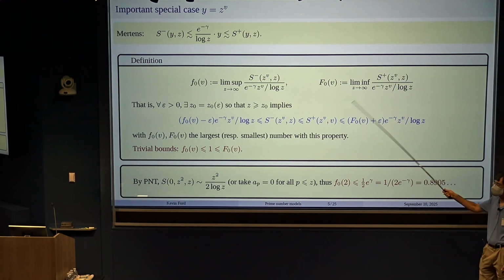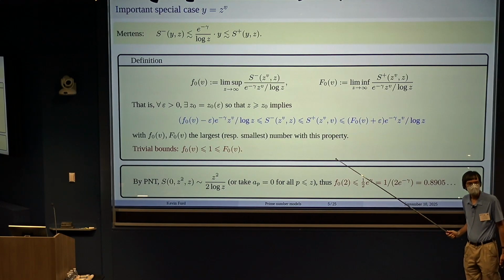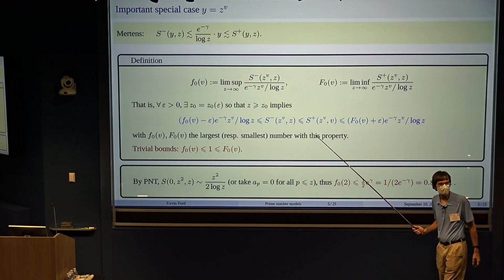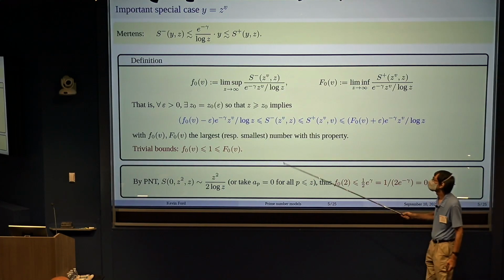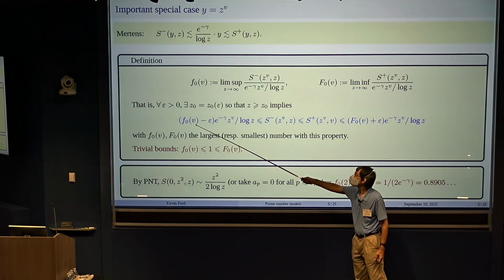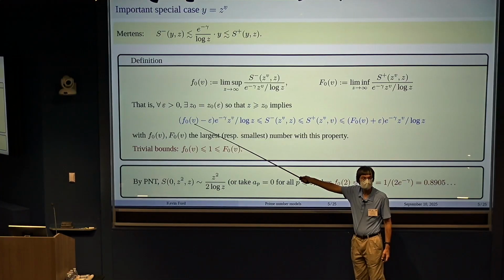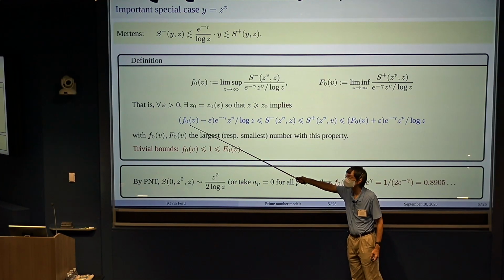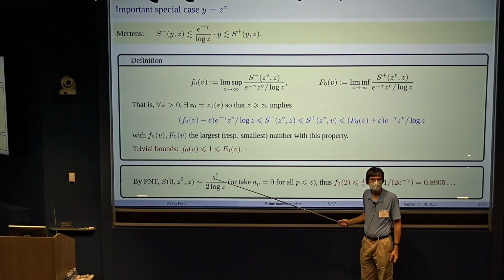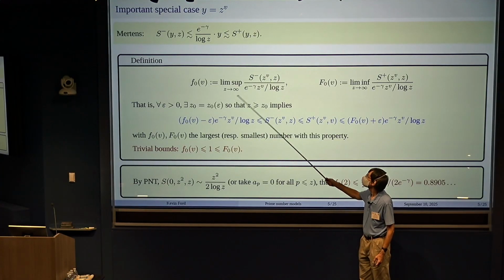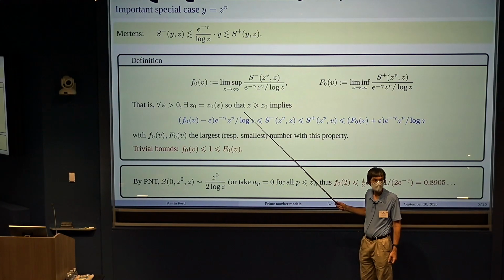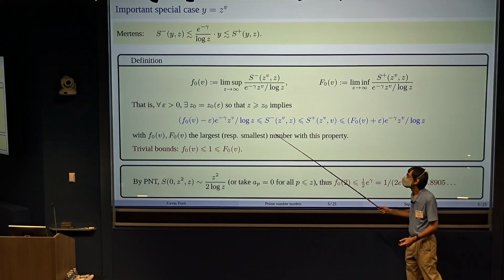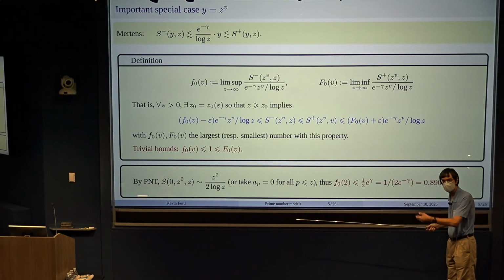Yes, I've actually had some discussion about that with some people, and that is the correct definition, because I want this to hold all the time. If this quantity here occasionally gets super small, I don't care. I want to know how large it is.